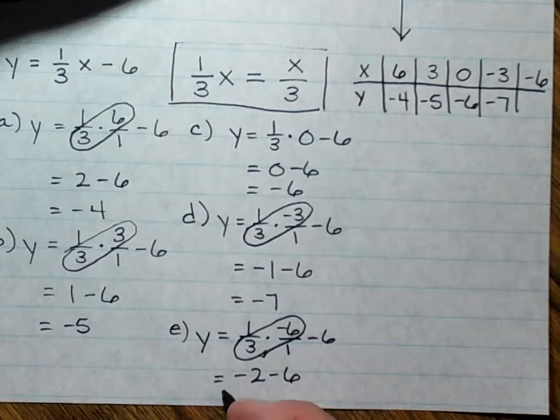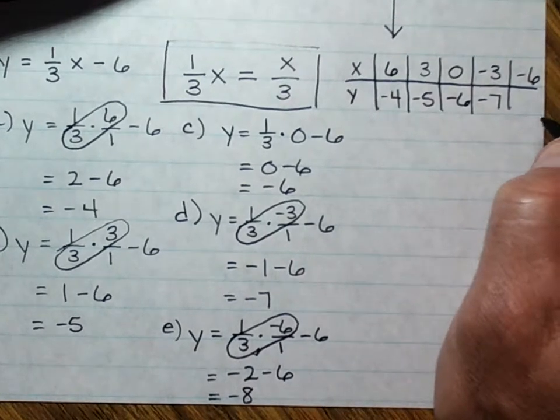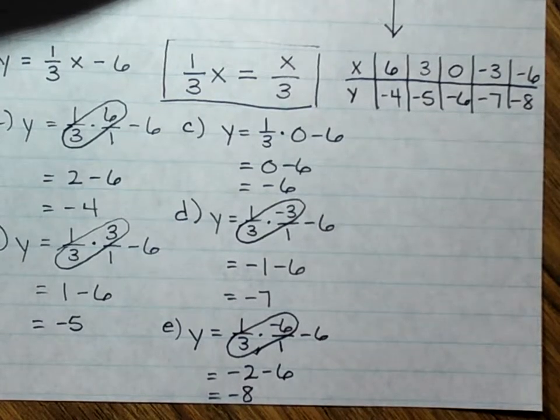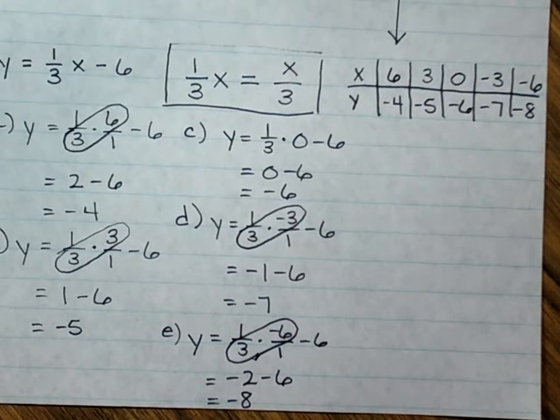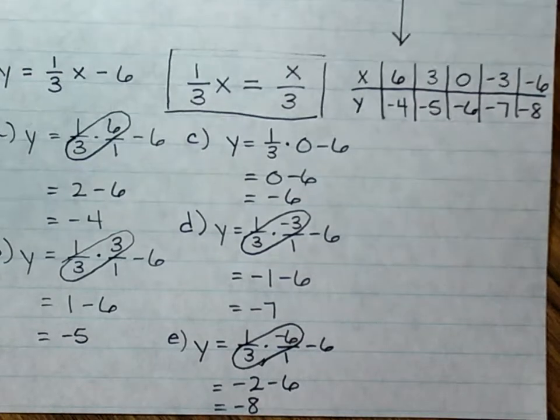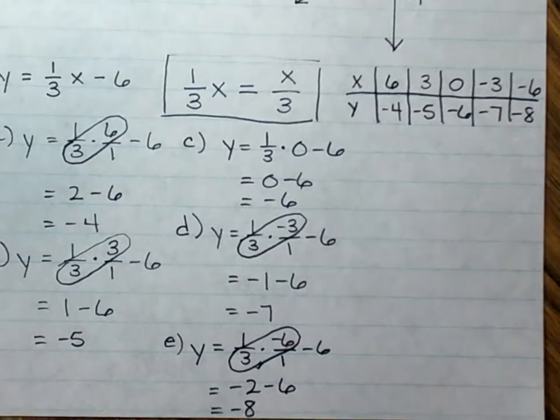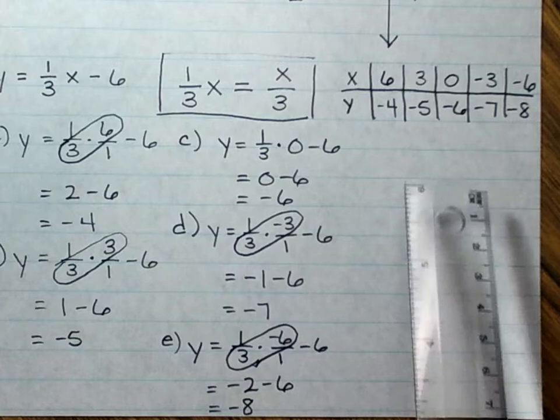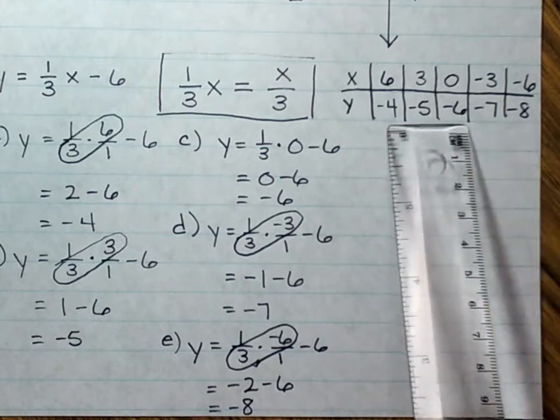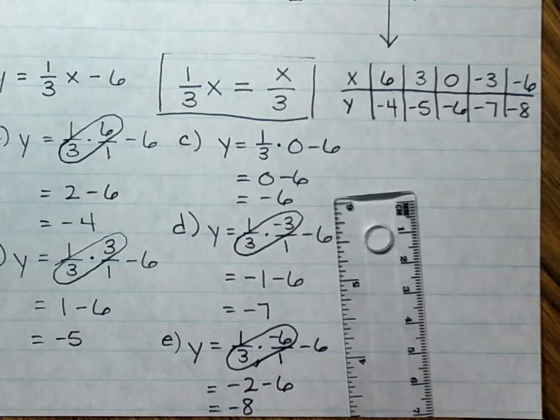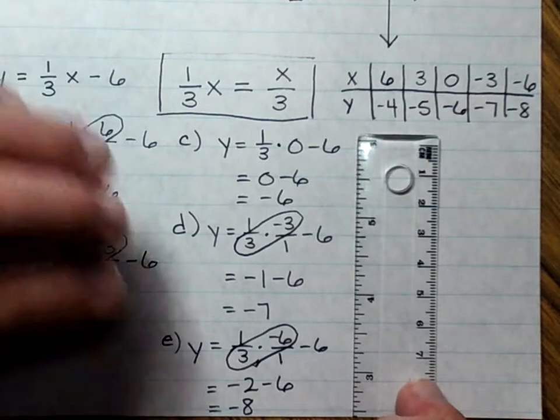Negative 2 minus 6 is negative 8. So now we're going to graph this. Again, we have the same y's that we did in the previous, except now we have different x's. So we can draw a very similar coordinate plane.